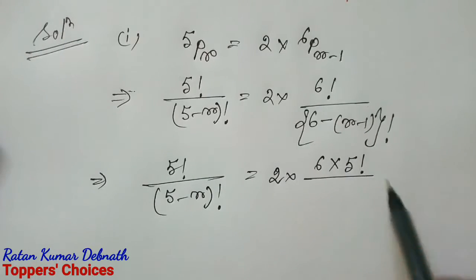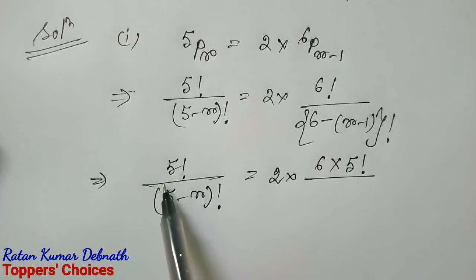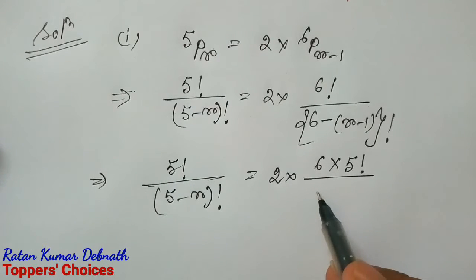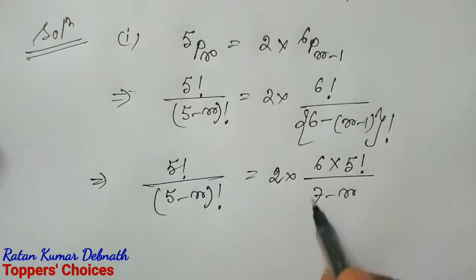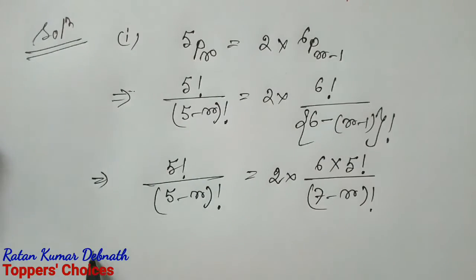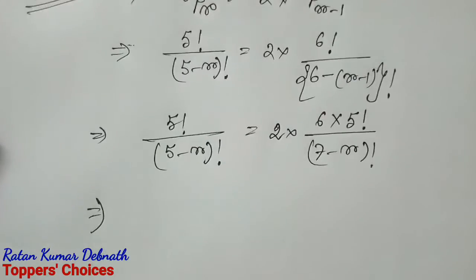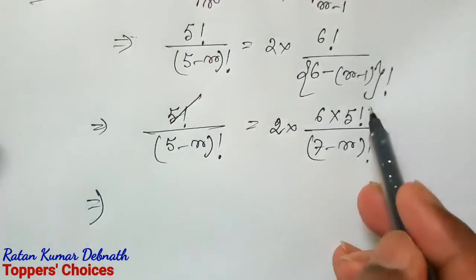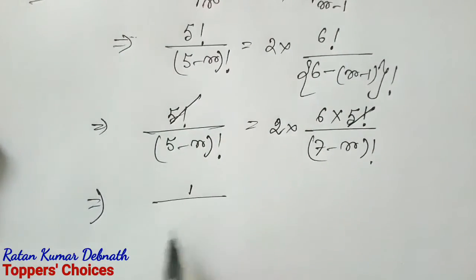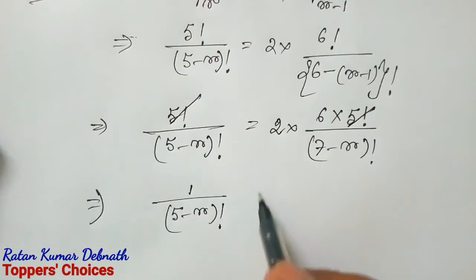I will not break it because this 5 factorial and this 5 factorial will be cancelled. We can cancel these two, leaving 1 by 5 minus r factorial.